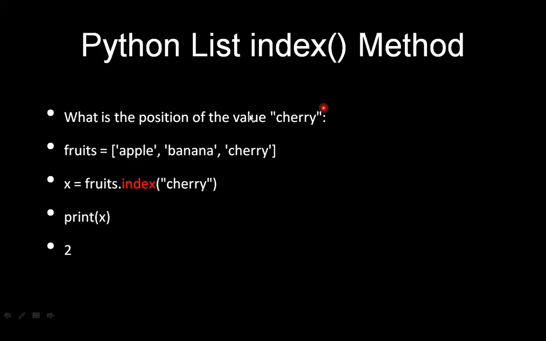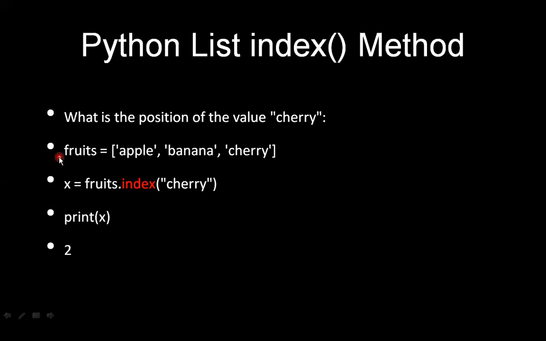So how do we check the position of an element present in the list? At that time I will be using index. The index method helps us retrieve the position of whatever element you specify.